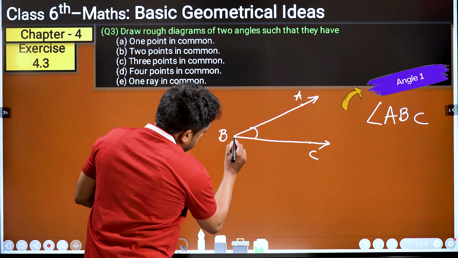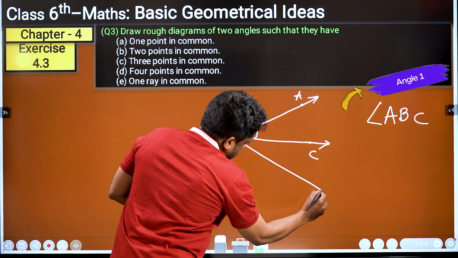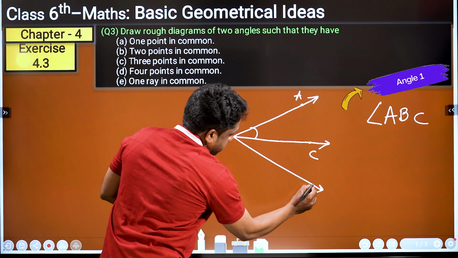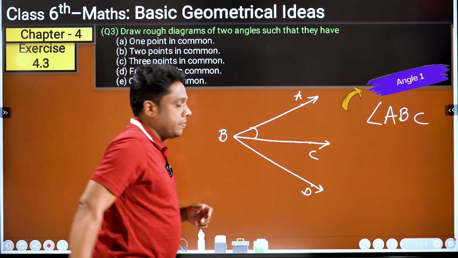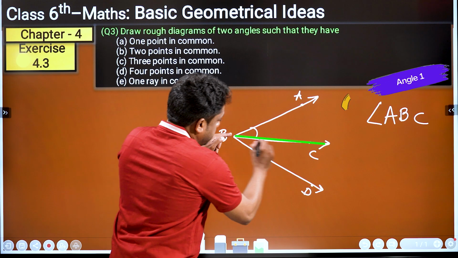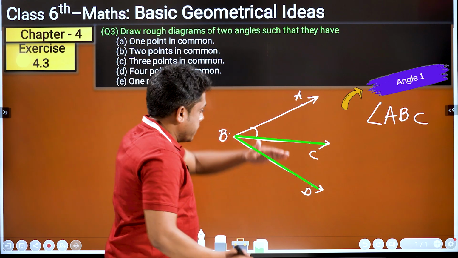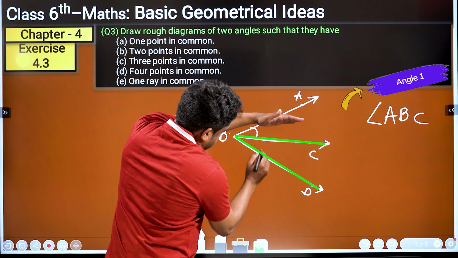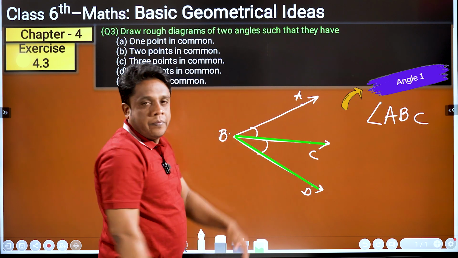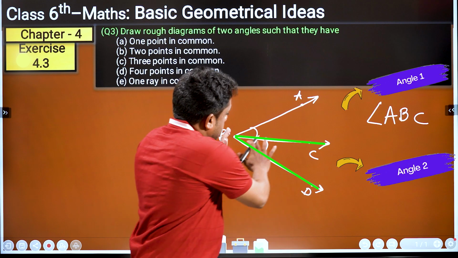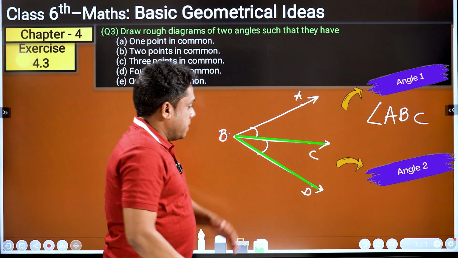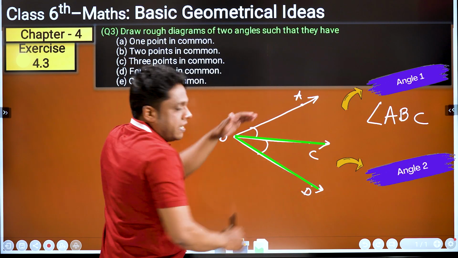I'm going to draw a ray and I name this D. Using these two rays we can form another angle. You consider only these two rays. If I write like this, now this will become your another angle. That means CBD is another angle.